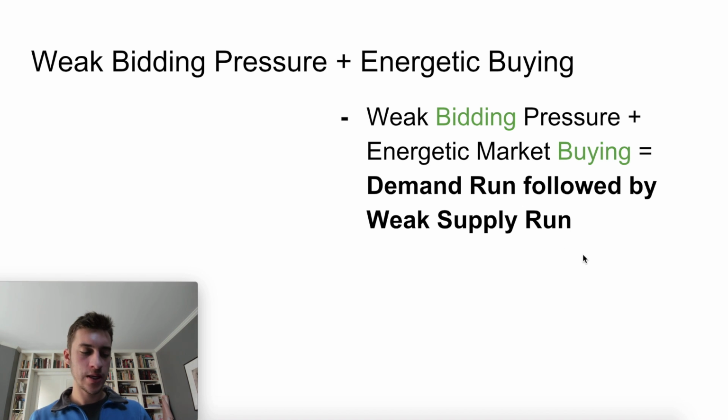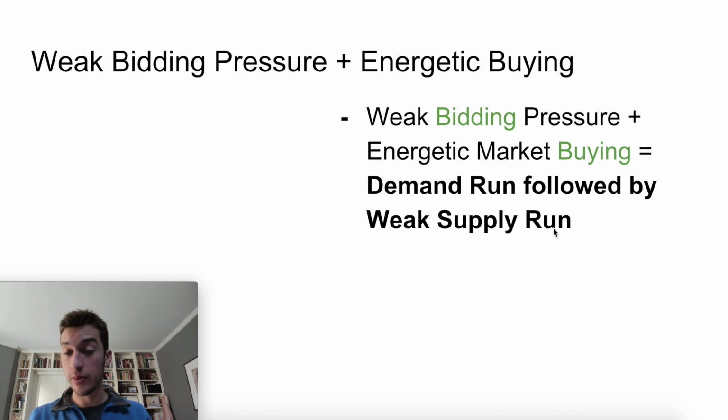Reason I say that is if there's not many bids moving upward with price, they're probably going to remain lower in the order book. And price will likely be followed by a weak supply run, meaning price slowly goes down until it reaches those bid walls that form. So you can get a strong demand run or relative moderate demand run, and you can get a weak supply run that slowly goes down like this.